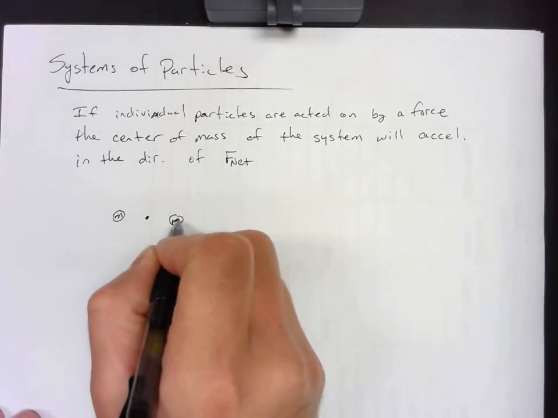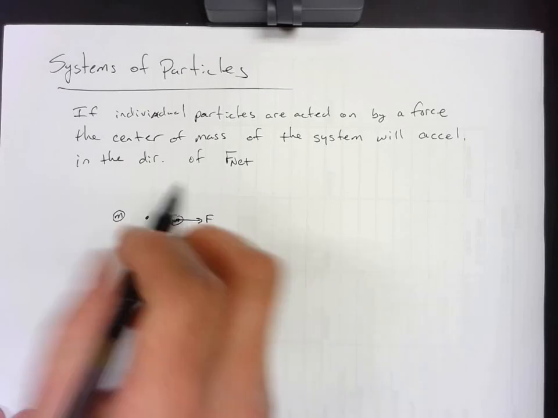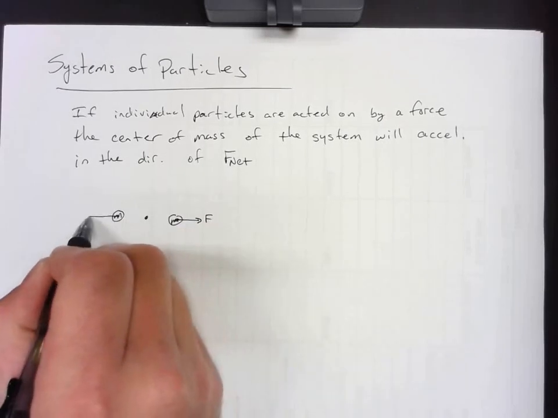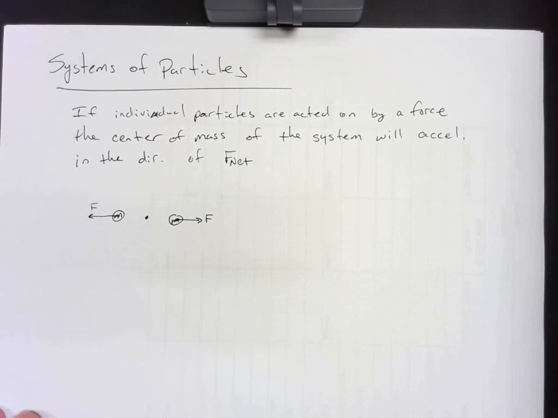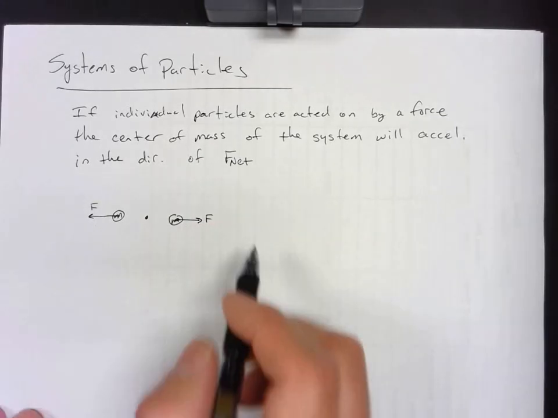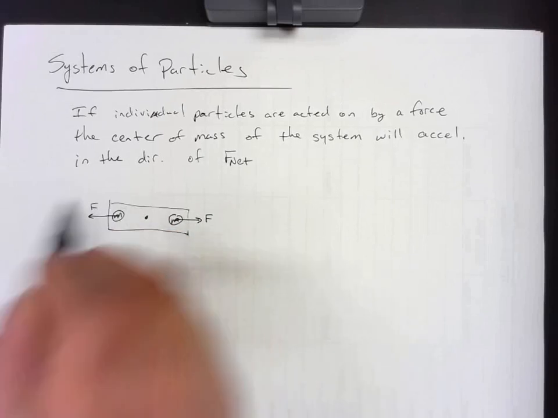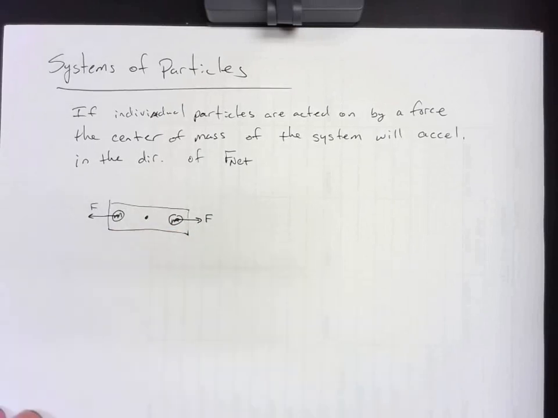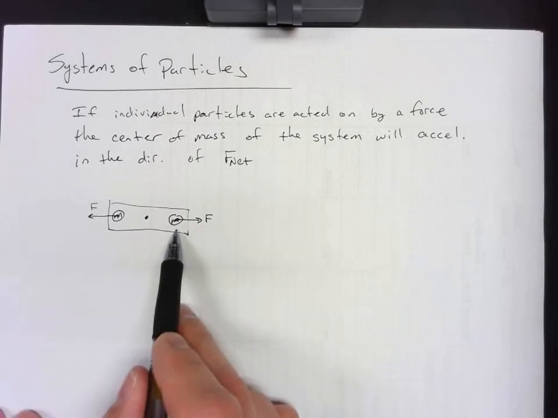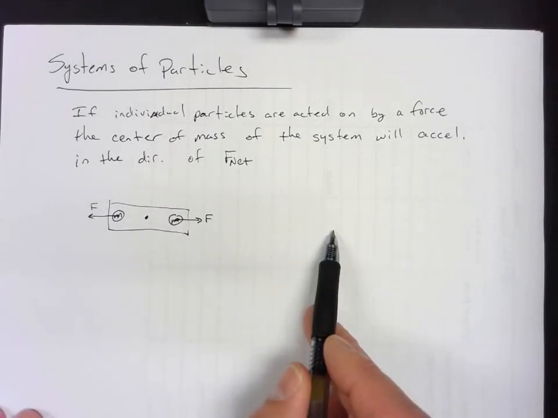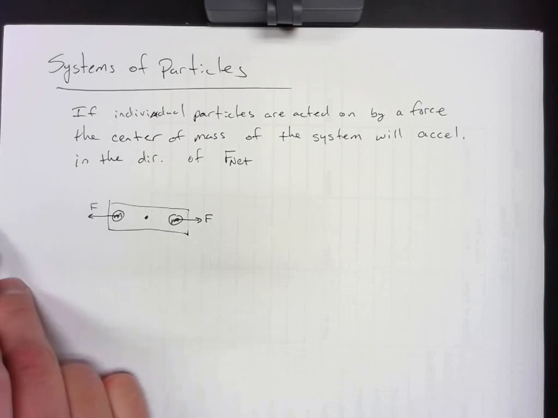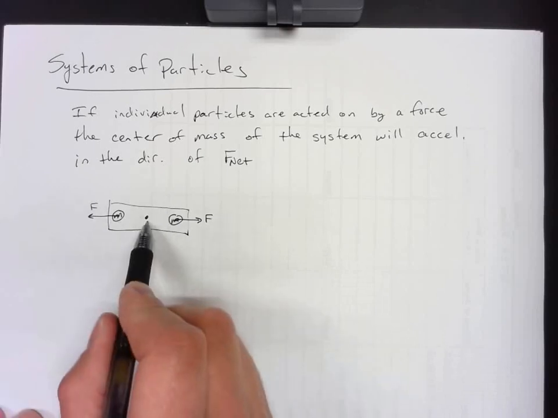Well, if we exert a force F on this object and then an equal and opposite force F on that object, the net force in that entire system is zero. So there should be zero acceleration of the center of mass. This particle will accelerate away. This particle will accelerate away. However, that point will remain stationary.